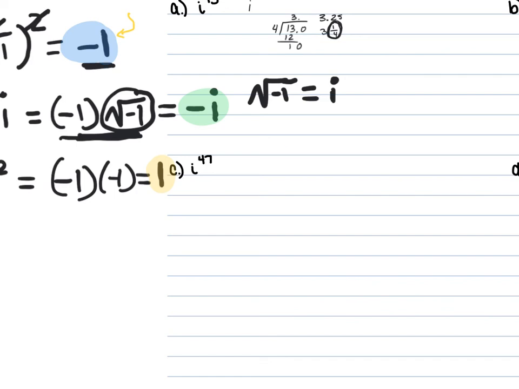So what I'm going to do is take 47 and divide it by 4. It goes in 11 times, leaving me 3 left over. Or it goes in 11 and 3/4 times.